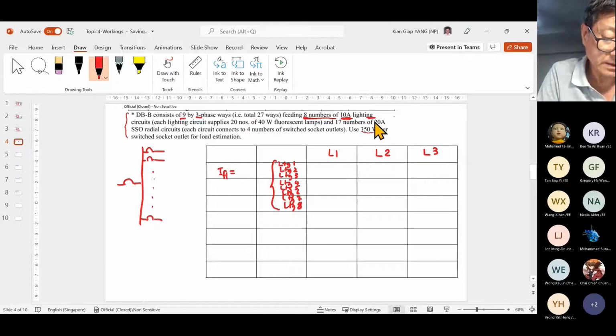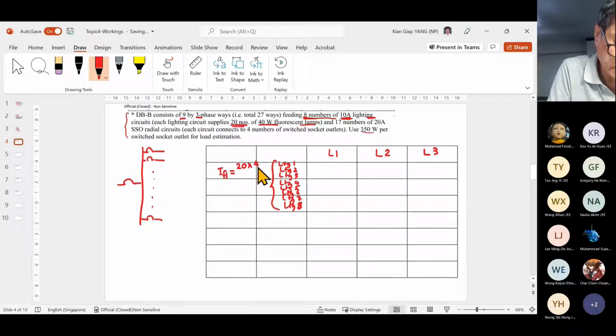Each of the circuit has how many lightings? 20 numbers of 40 watt fluorescent lamp. Right? So 20 numbers times 40 watt multiplied by 1.8. Because there's no other information given, divide by 230 volt.